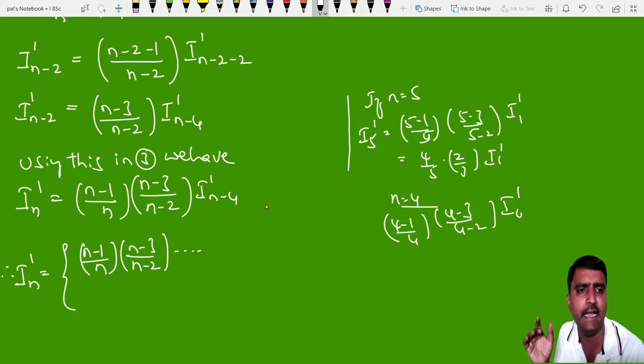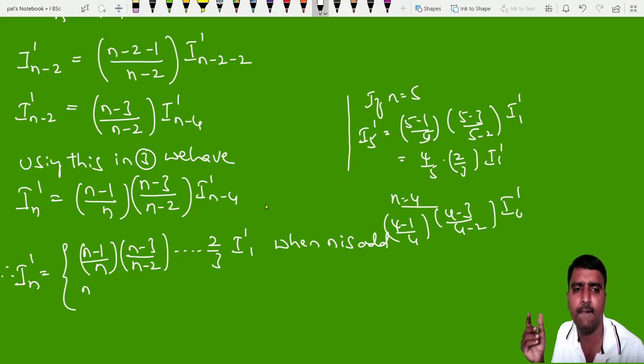You see, when n is an odd number, the last factor is 2 by 3 into I1 dash.